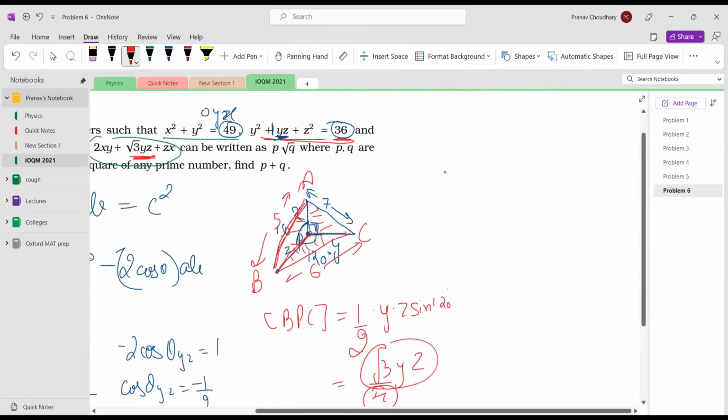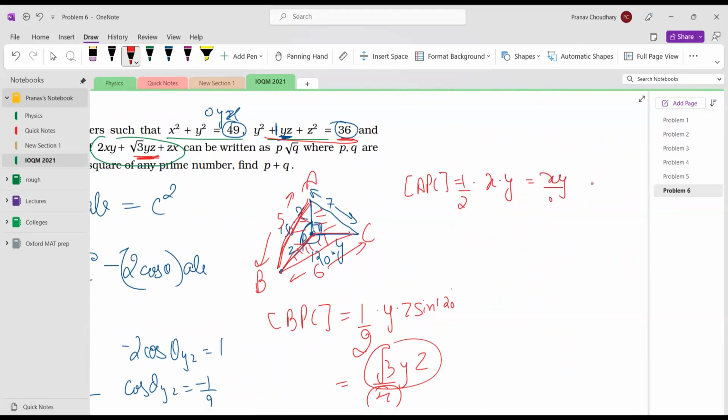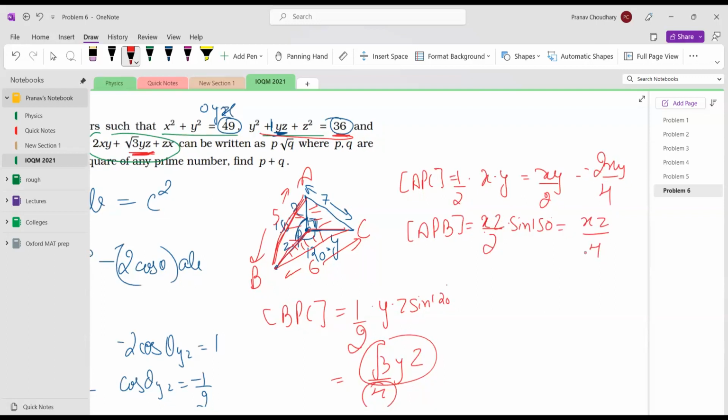So let's see. APC is just half, it's a right angle triangle. So it's half xy, which is 2xy by 4. And APB is xz by 2 times sine 150 degrees. And sine 150 is 1 by 2. So this is xz by 4.